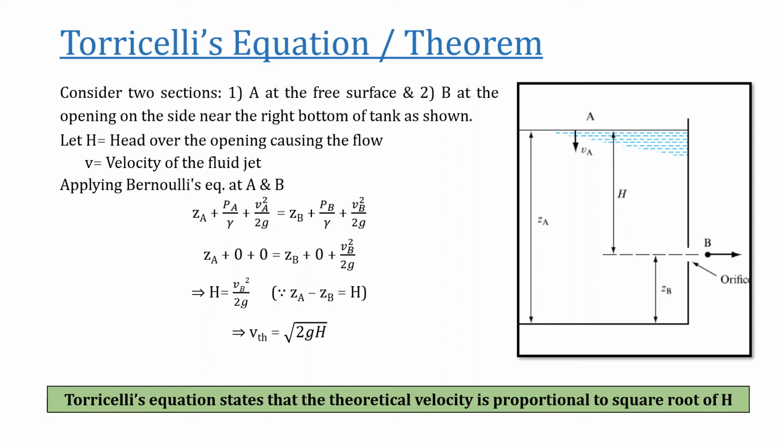Now this capital H is actually ZA minus ZB, the elevation difference between the two points, and rearranging the expression, we get V theoretical, the theoretical velocity of this fluid jet, equal to square root of 2gH, where H is the head of fluid causing the flow. So the Torricelli equation states that the theoretical velocity is proportional to the square root of H.